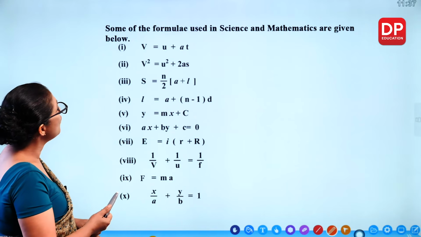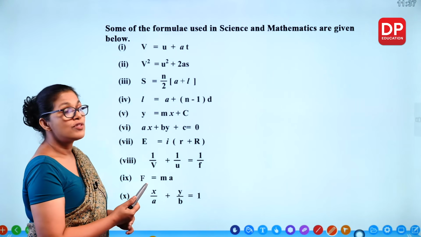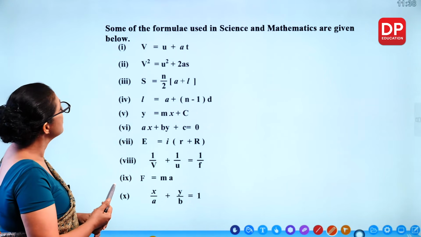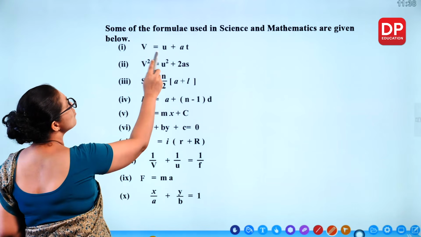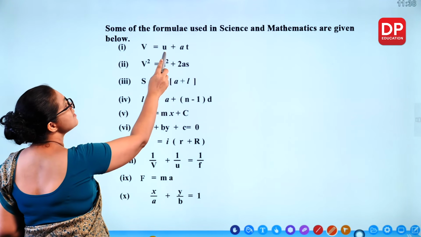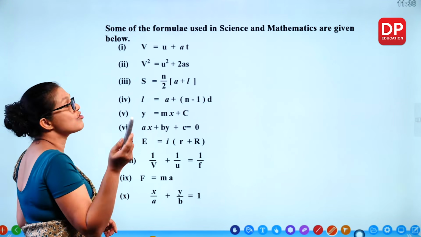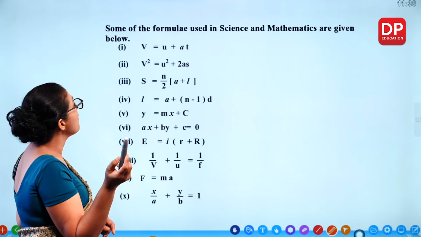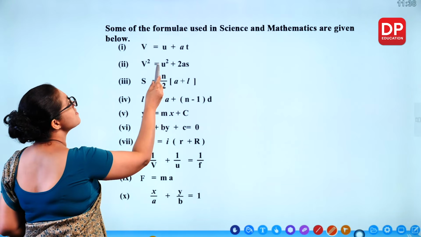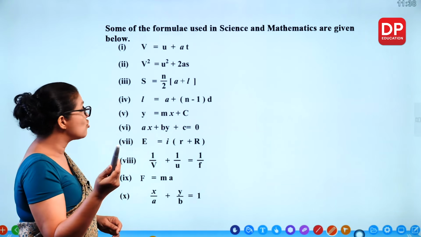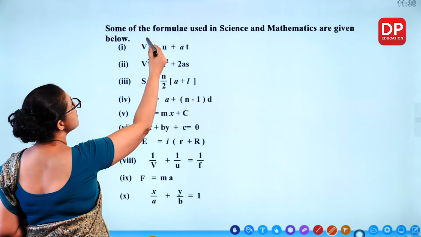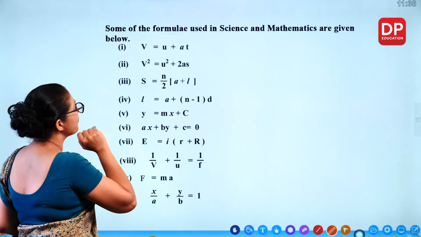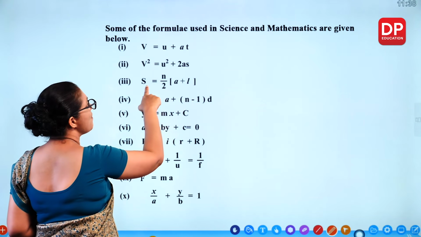Look at these formulae. We use them in science and mathematics. Can you recognize those? This is the final velocity, initial velocity, acceleration and time formula. This is distance and final velocity, initial velocity. So these we used in science. What about this one? Can you remember?